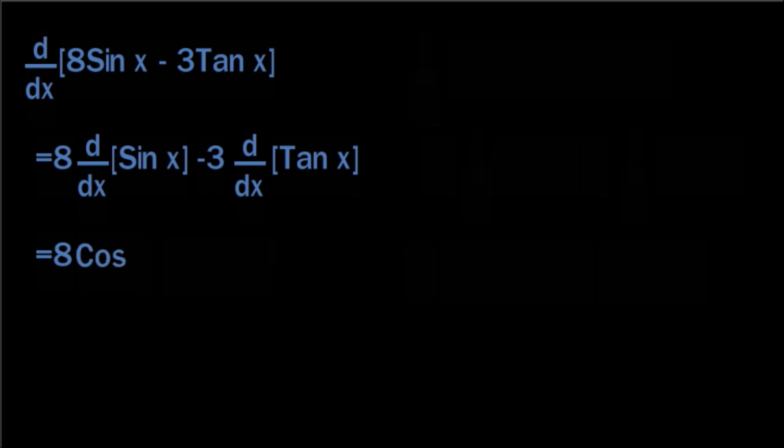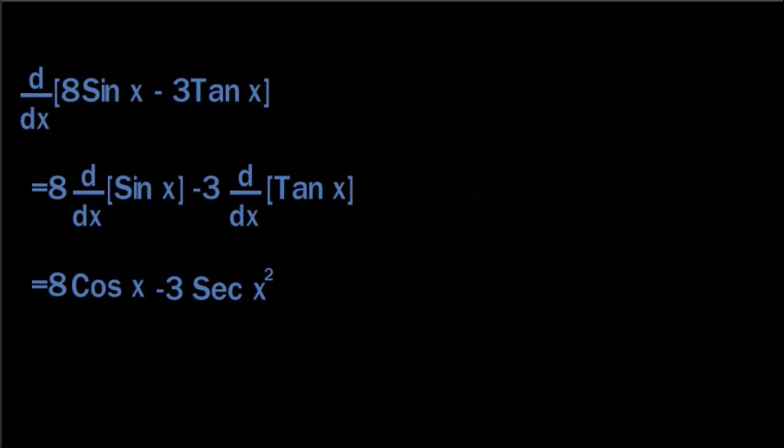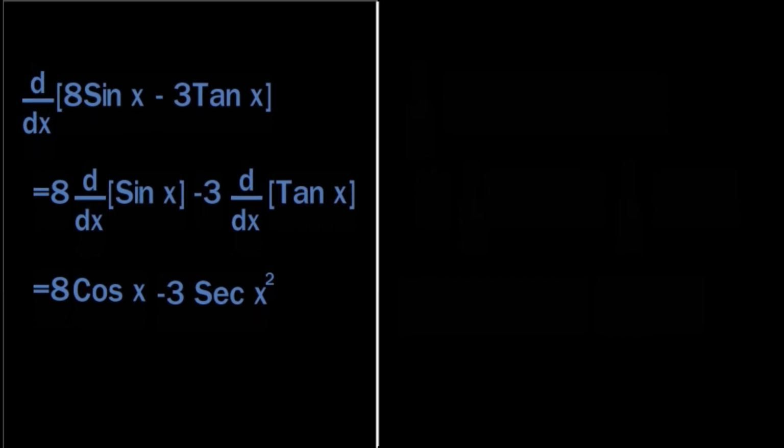So 8 cosine x minus 3. When we differentiate tangent x, what we get is secant square x. Once you remember the differentiation of the common trigonometric functions, it will be easier for you to solve the differentiation of trigonometric equations.